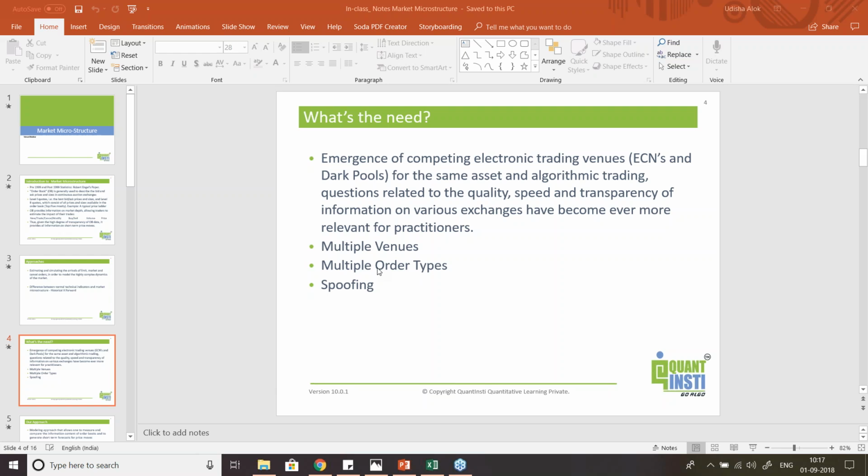When you are executing on multiple exchanges at the same time, you need to understand the exact situation in the market and in which exchange you would be getting the best possible price for execution. Right? There will be some discrepancy in the best bid and best ask of two different exchanges all the time.